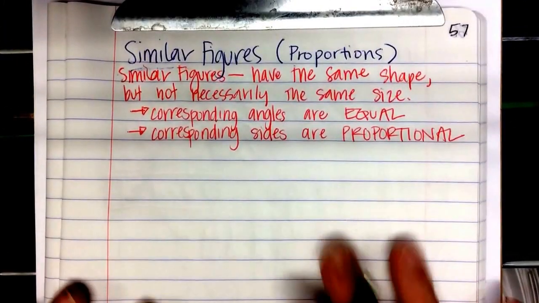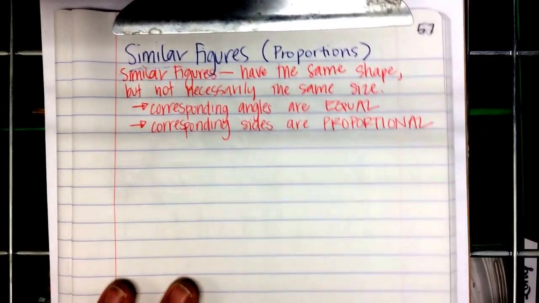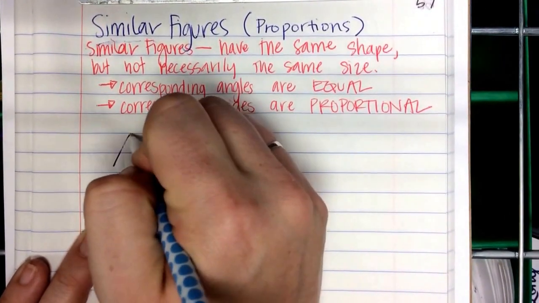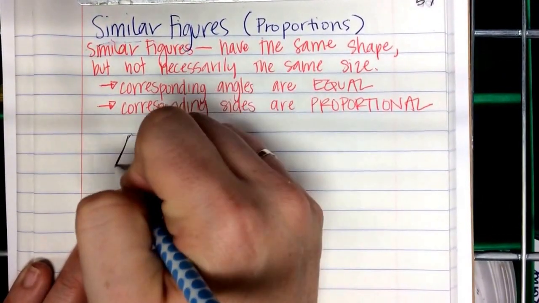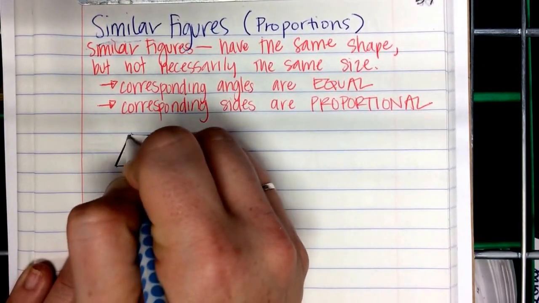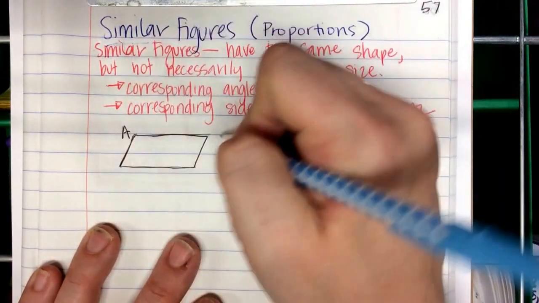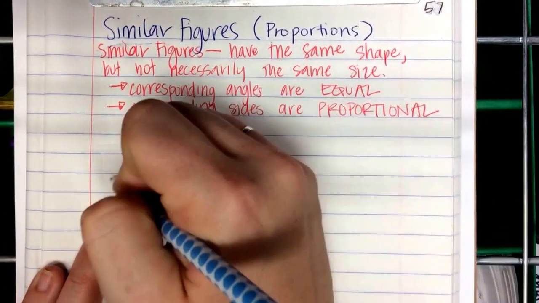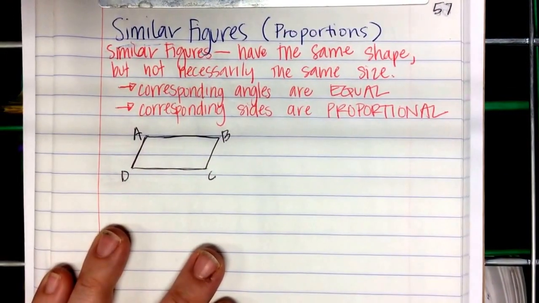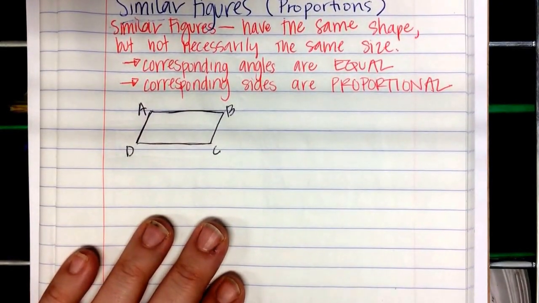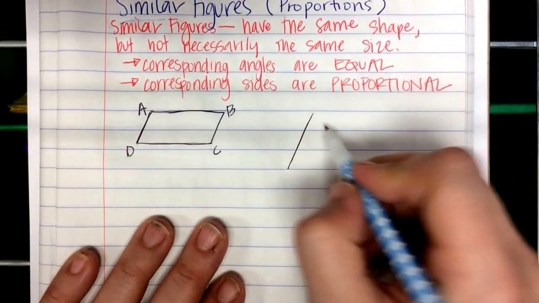So we're going to draw some pictures. Here's a parallelogram. Now I'm going to label it A, B, C, D. And I'm going to draw another parallelogram.